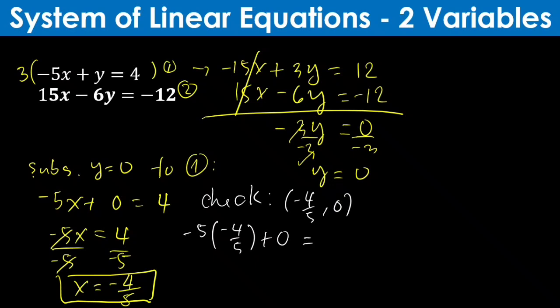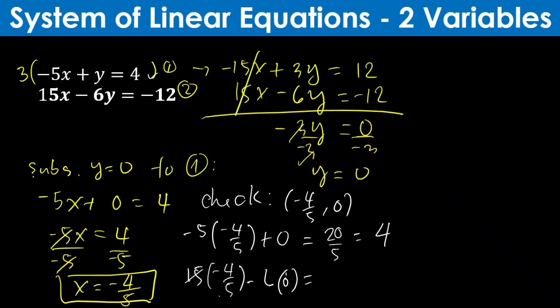Let's simplify this. That's 20 over 5 plus 0, which is just equal to this one. 20 divided by 5 gives us 4, which is correct. Got a 4 there. And you have to try the second equation as well, not only one equation. So 15 times negative 4 over 5 minus 6, y is 0.